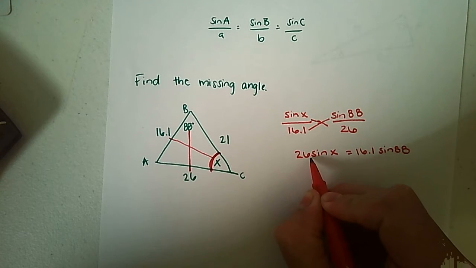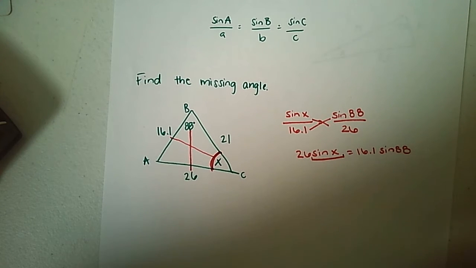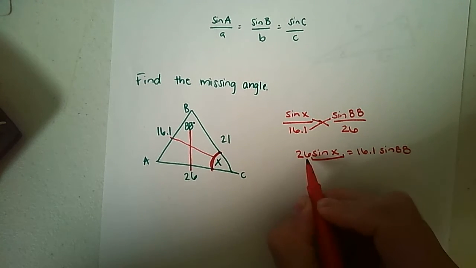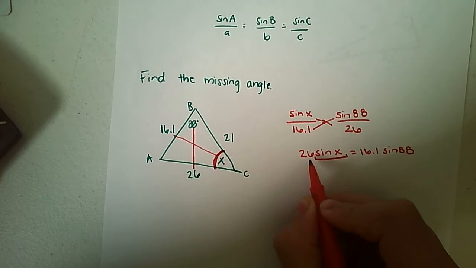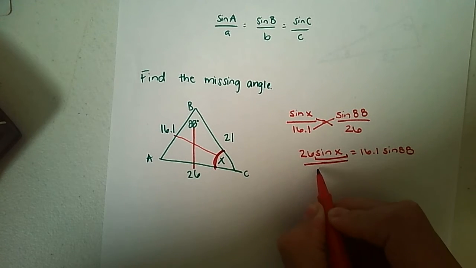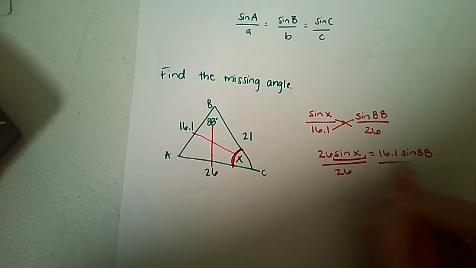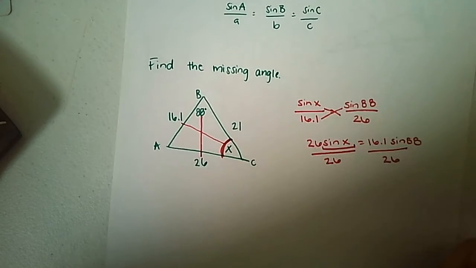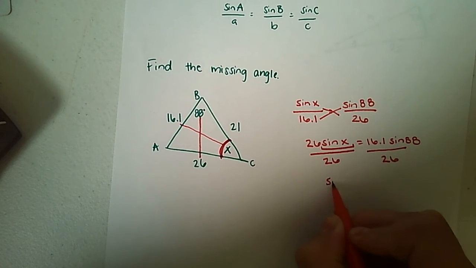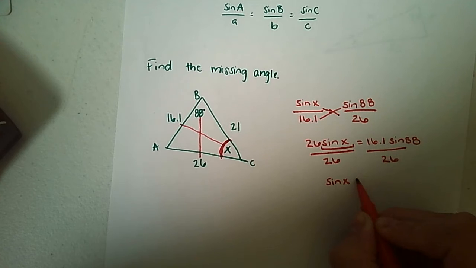Since we're solving for the angle, we want to get the sine of x by itself. So right now, we're multiplying that by 26. So in order to get it all by itself, we need to divide both sides by 26. So right now, we have the sine of the angle equals all of this.